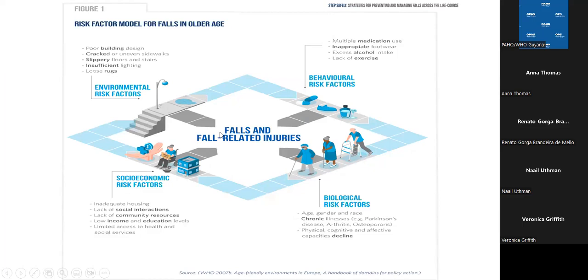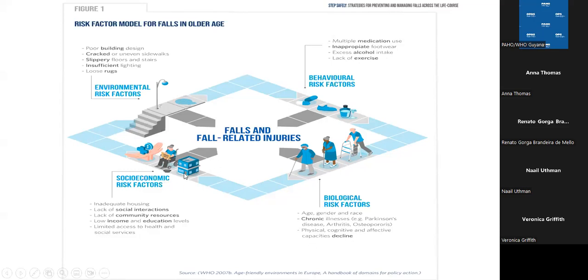Falls are dependent on behavioral risk factors like multiple medication use, inappropriate footwear, excess alcohol intake, and lack of exercise, and biological risk factors like age, gender, and race, but especially the risk of falls may be increased secondary to chronic illnesses like Parkinson's disease, arthritis, osteoporosis, and physical, cognitive, and affective capacities decline.